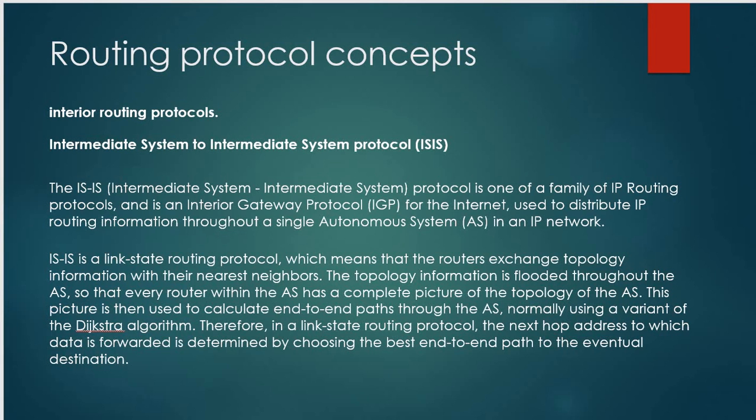The topology information is plotted throughout the autonomous system so that every router within the autonomous system has a complete picture of the topology of the autonomous system. Then to calculate the end-to-end path through the autonomous system, it normally uses a variant of the Dijkstra algorithm.